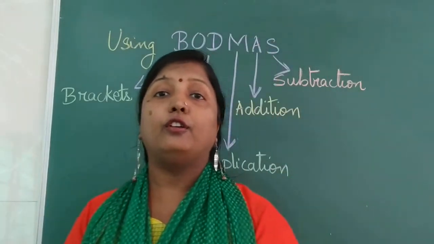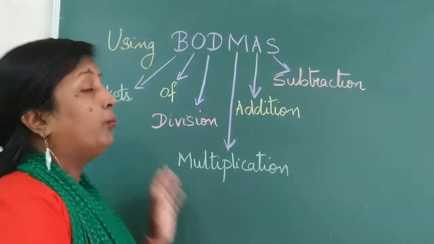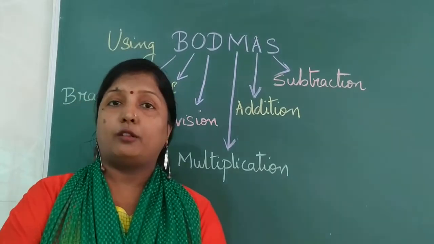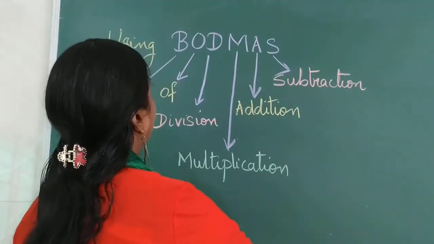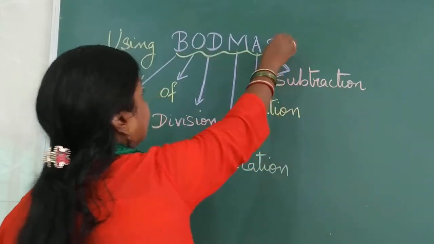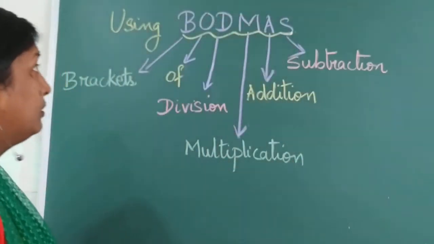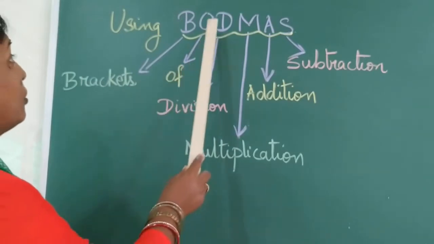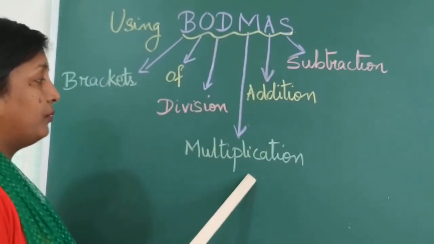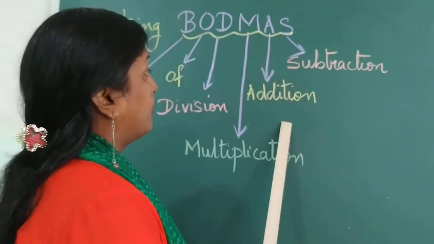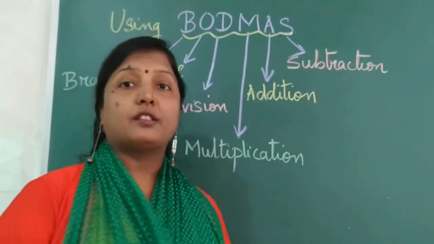So these are the full form of the rule Bodmas. Bodmas, not Badmash, okay? So the Bodmas rule, children: B stands for brackets, O stands for of, D stands for division, M stands for multiplication, A stands for addition, S stands for subtraction.